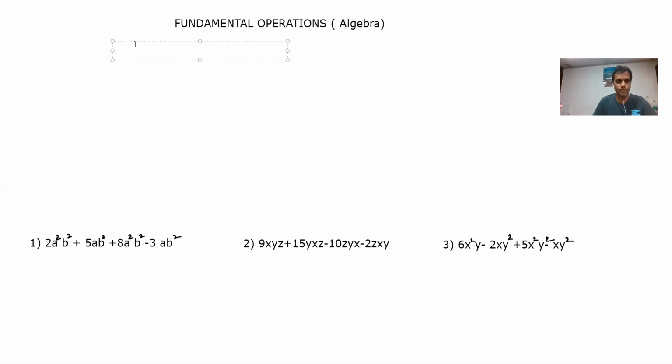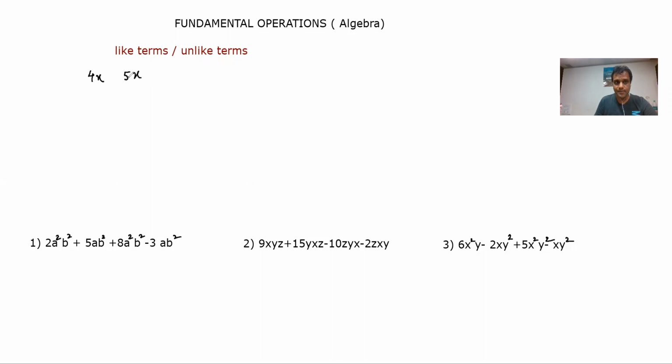But today I'm going to talk about another interesting thing, which is like terms and unlike terms. So what is a like term? Let me give you an example. Like terms are like 4x, 5x.